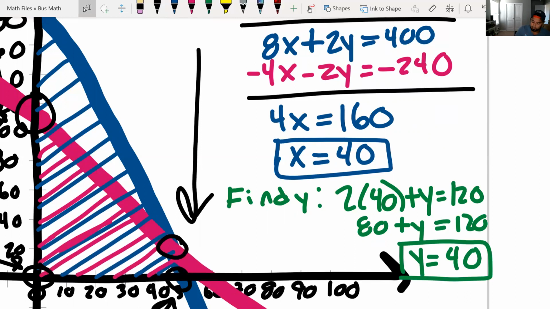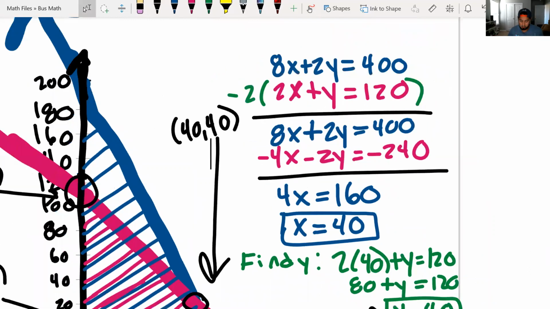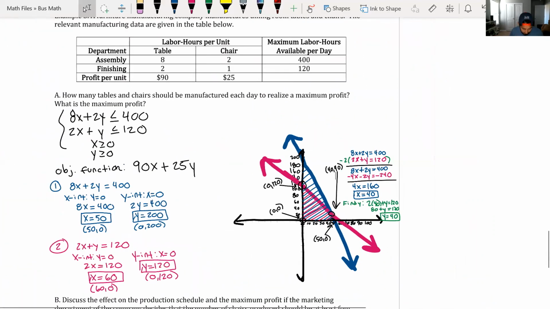So this point is (40, 40), proven by the system of equations.